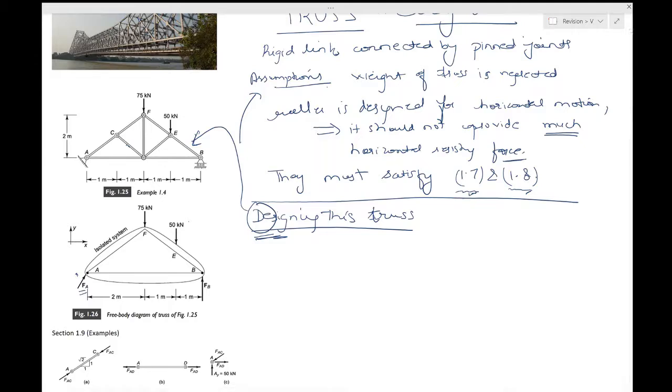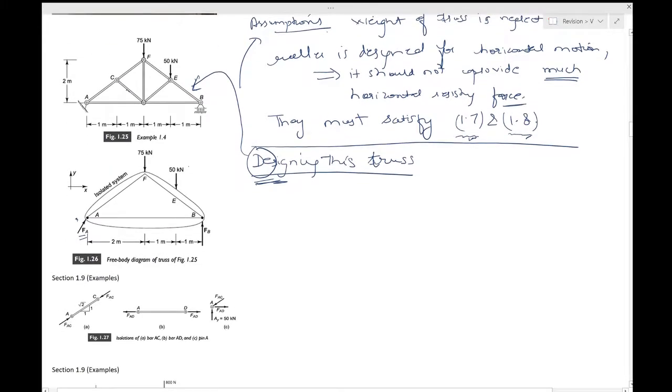So as an illustration, we show in figure 1.27, there you go. Okay, figure 1.27, you have taken this link AC over here, okay, and AD. We have taken just two of them.